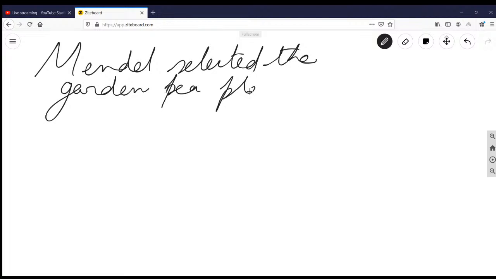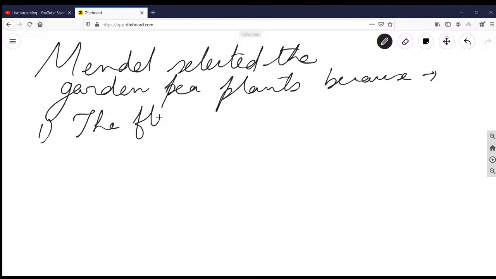Because point number 1, the flowers of this plant are bisexual, hermaphrodite. Okay, so both the sexes are here, so there is no chance of intermixing, that it depends on the pollens from any other flower to be pollinated. So it is a bisexual flower.